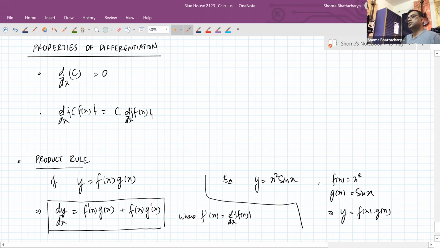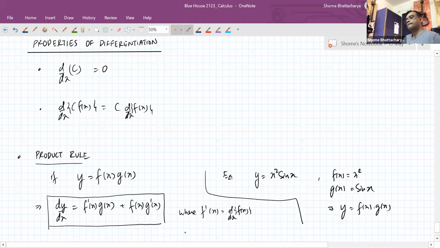Sir, likewise, if a function is a product of three functions, we will have to apply this rule twice, right? Yes, we will have to apply this rule in a sort of cascaded form. So we can bracket two of the functions first and apply it to that particular bracket, and then apply it to the third one.